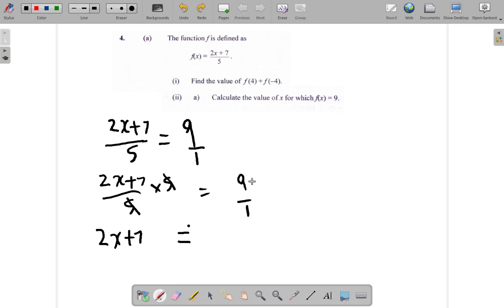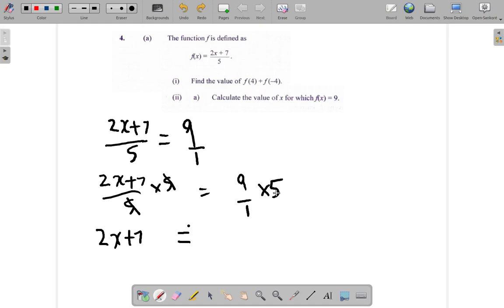You need to restore balance by multiplying by 5 here too. If you increase the weight of the left hand side by 5, it is going to tilt over to the left. The left hand side will be 5 times heavier than the right. So you increase the weight of the right hand side by 5 too.